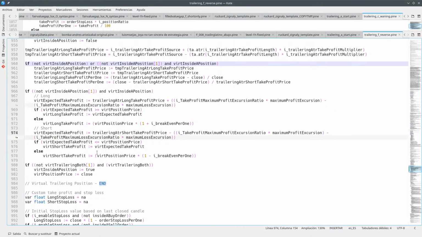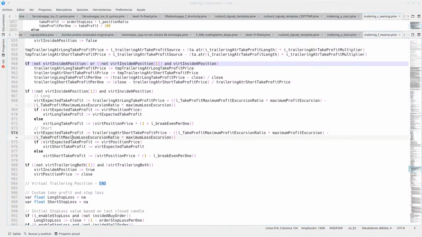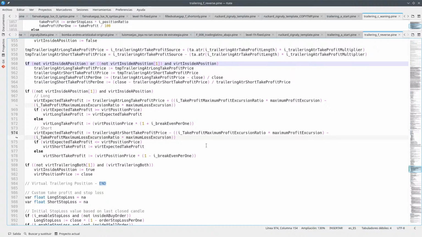Okay, so these are the two variables that actually define what the take profit is.